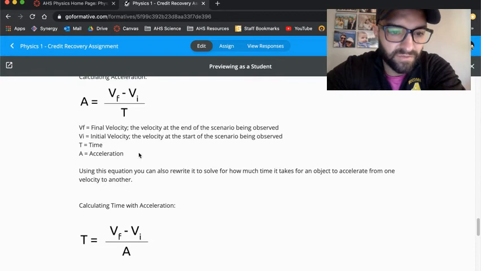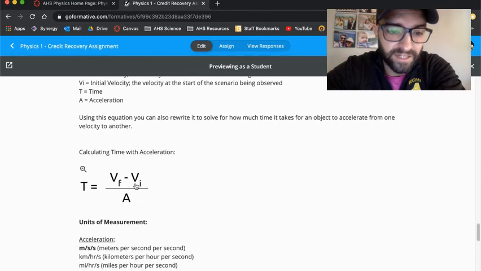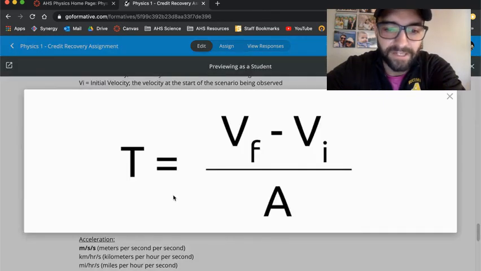There's a reminder here for that as well. You can also rearrange this equation to help you solve for time. So if you're traveling a certain distance and you're accelerating at a certain rate, how long would it take you? You can figure that out with this equation here. And really, you just flip the time and the acceleration.